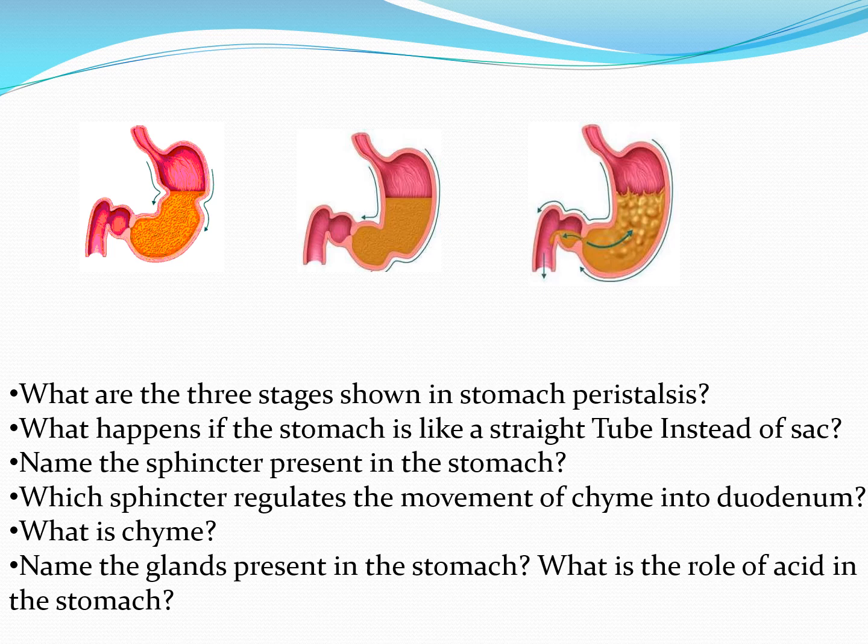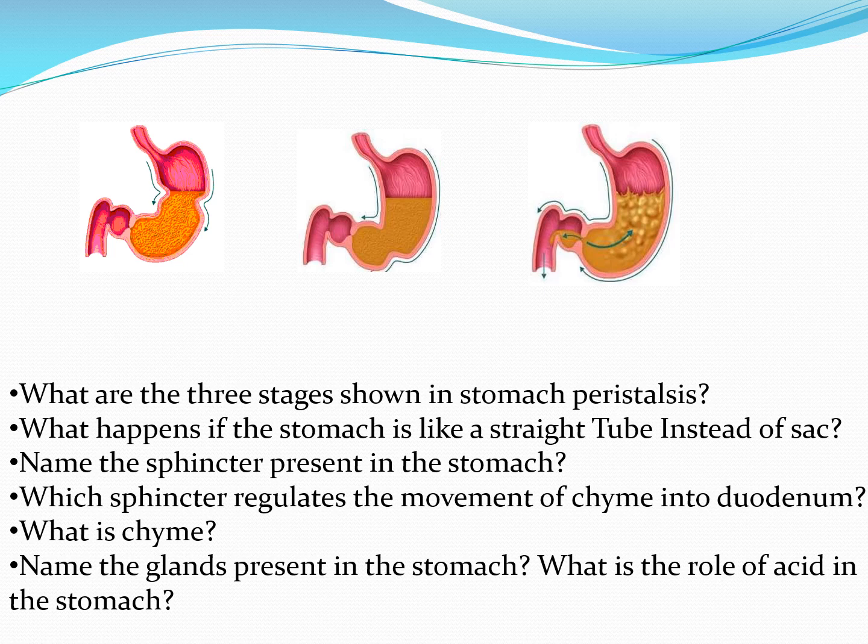Last question. Name the glands present in the stomach. What is the role of acid in the stomach? Gastric glands are present in the stomach. Gastric glands secrete gastric juice, which includes HCl. HCl kills microorganisms. HCl converts inactive pepsinogen into active pepsin.